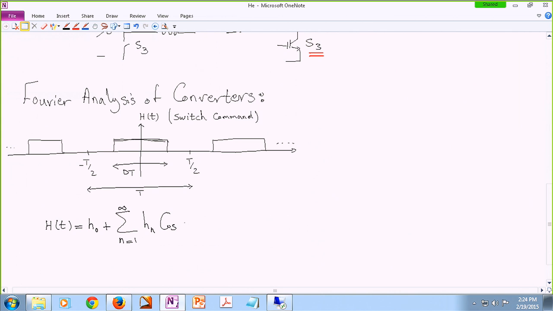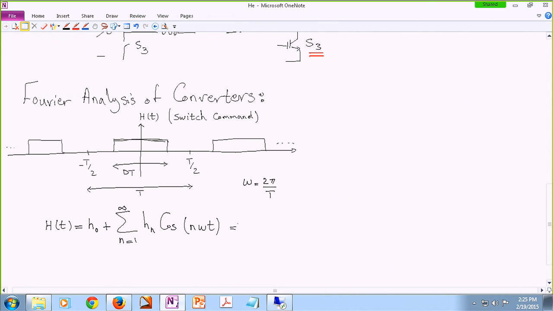So n is the indicator of the harmonic. Like if n is 10, we are looking at the 10th harmonic of the signal, which is happening at cosine of 10 times omega t. And by the way, omega is 2 pi over T. T is the switching period, basically. All right.